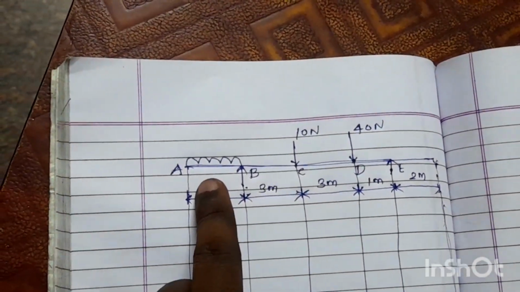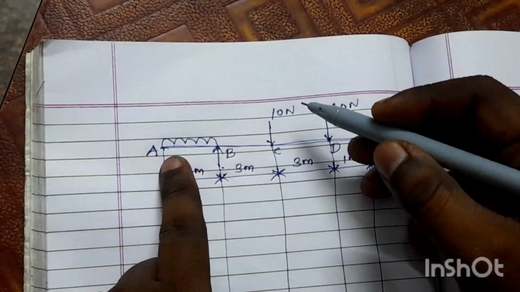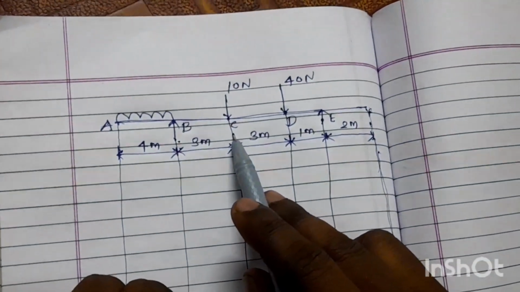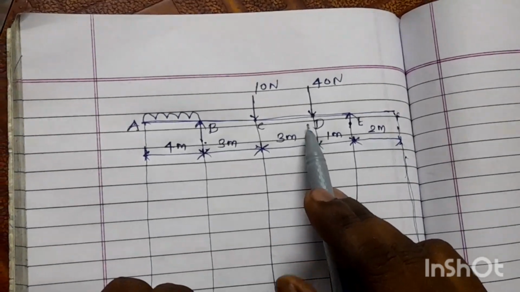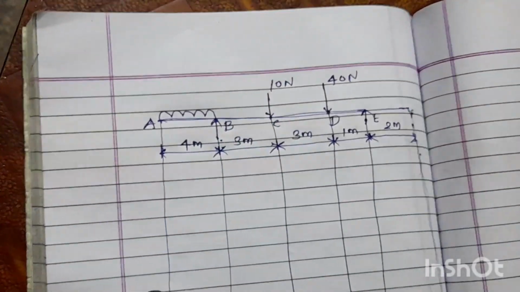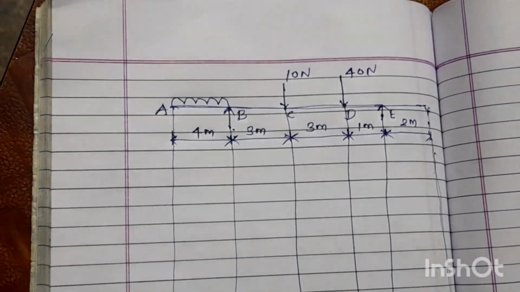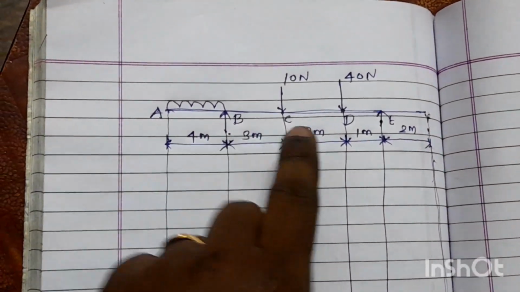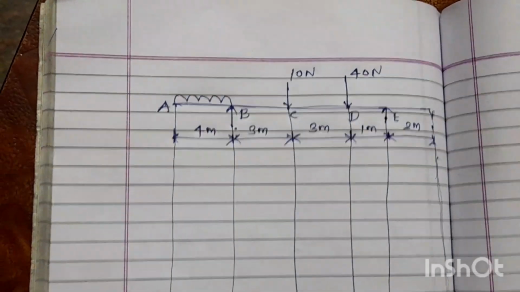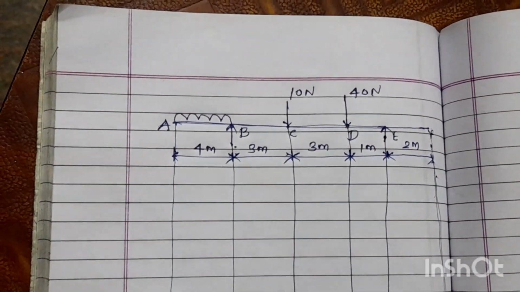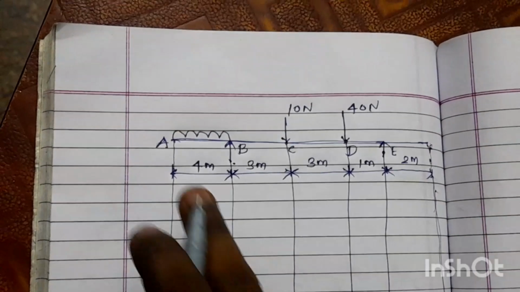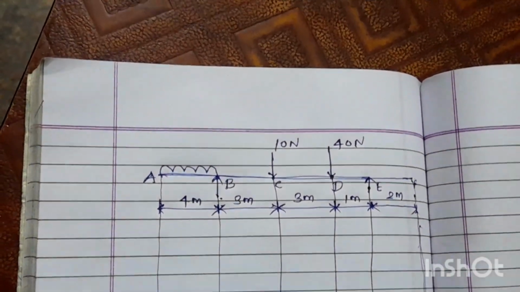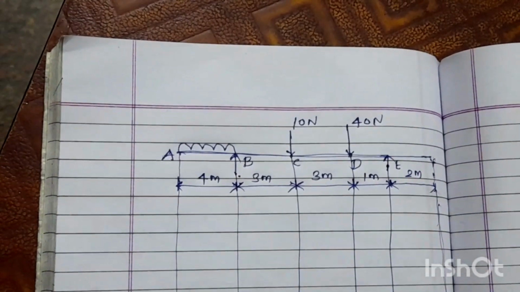Here point loads of 10 Newton and 40 Newton are given at point C and at point D. In between A and B we have a uniformly distributed load, so only three loads are given: one UDL and two point loads. In connection with these point loads and uniformly distributed load, how will the shear force diagram and bending moment diagram be? That is the question asked.